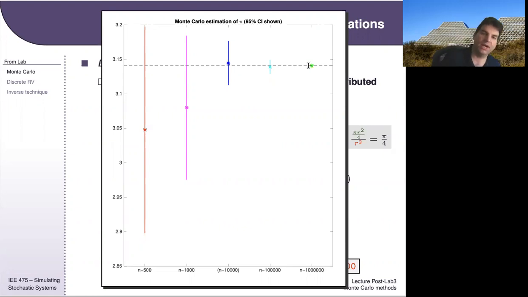And so if we were to look across all 30 or 33 now people that are in the class that ran the experiment, all of the little asterisks for all of you would be wildly everywhere. But for most of you, say 29 out of 30, the confidence intervals calculated from those asterisks would include pi within them.